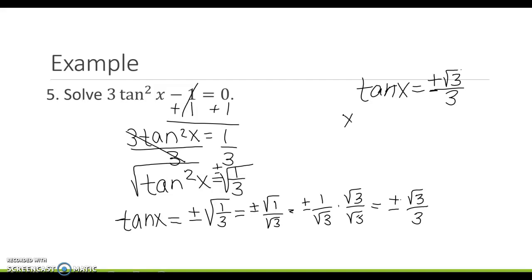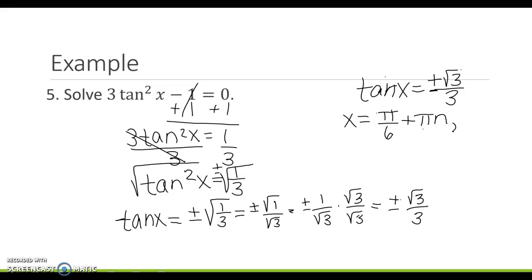Okay, so let's start in quadrant 1. In quadrant 1, tangent is square root of 3 over 3 at pi over 6. So I'm going to write pi over 6 to take into account all real solutions. I'm going to put plus pi n. So that's the only difference here, is we're putting that plus pi n at the end, and it is pi because I'm working with tangent.